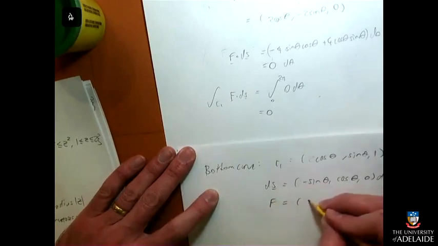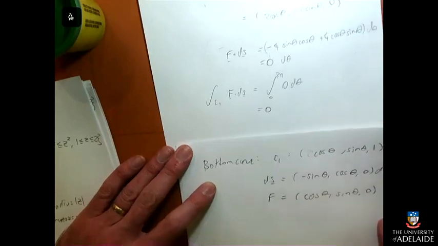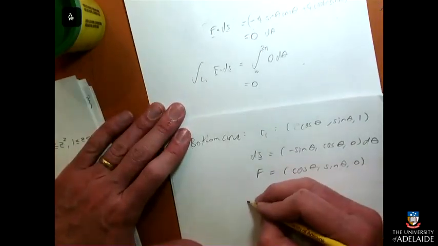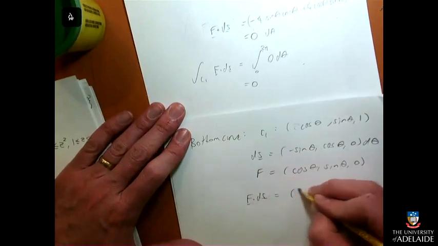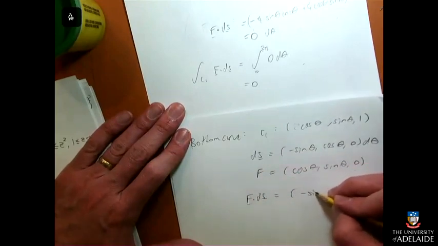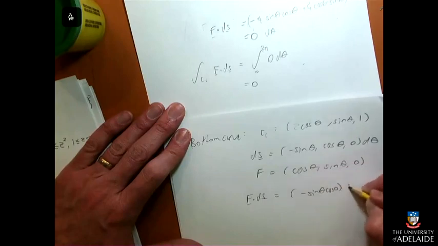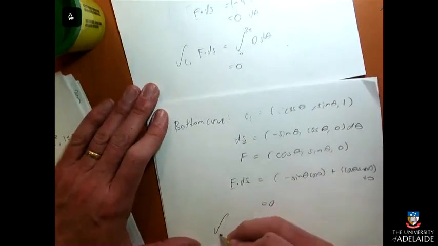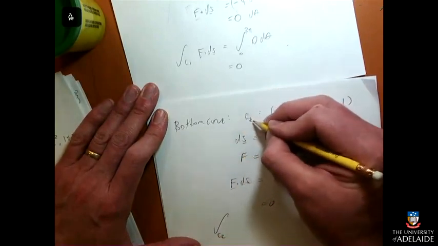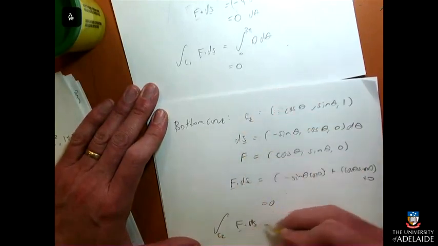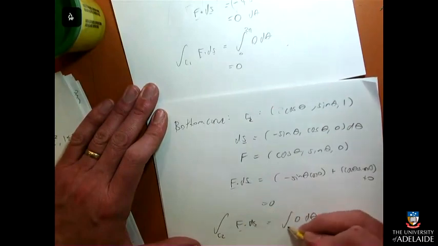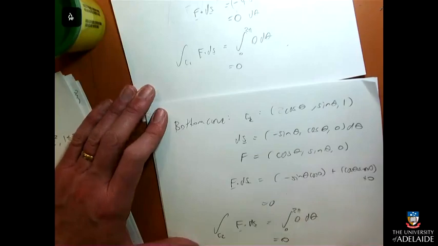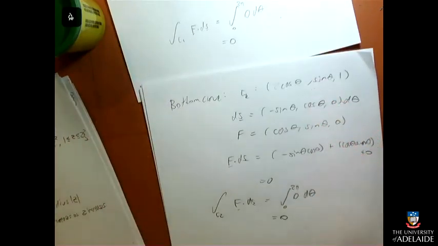F will be, and f dot ds will be minus sine theta cos theta plus cos theta sine theta plus 0, which is 0, and so therefore the integral over C2 of f dot ds is the integral of 0 d theta, which is 0. I didn't have to change the orientation of this one because it's already going the correct direction.